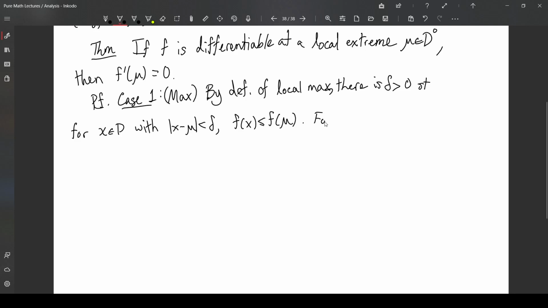So let's say we pick an h value between 0 and delta. Then the absolute value of mu plus h minus mu is less than delta.